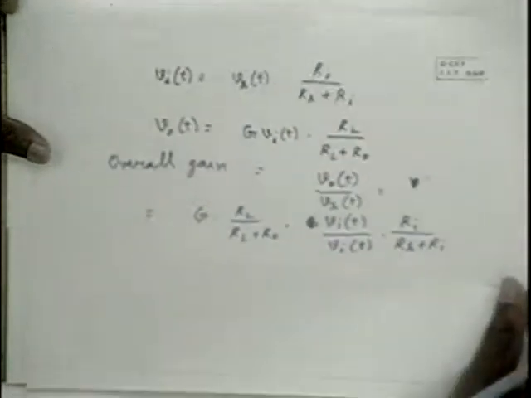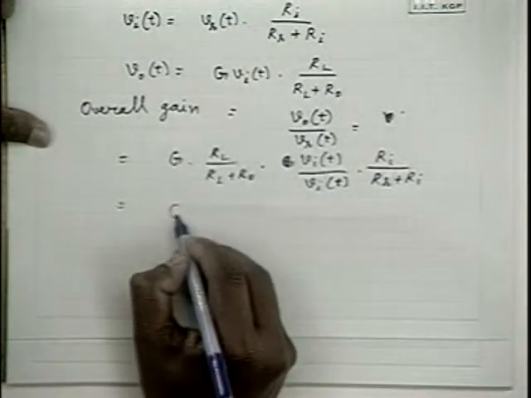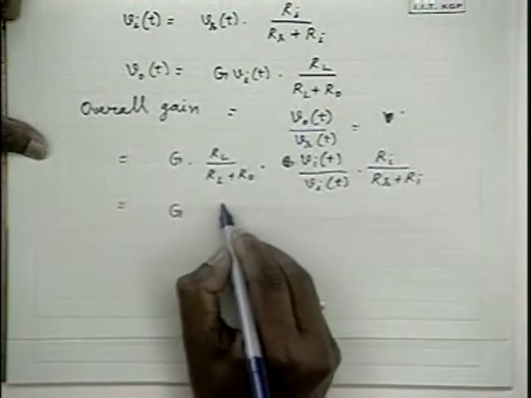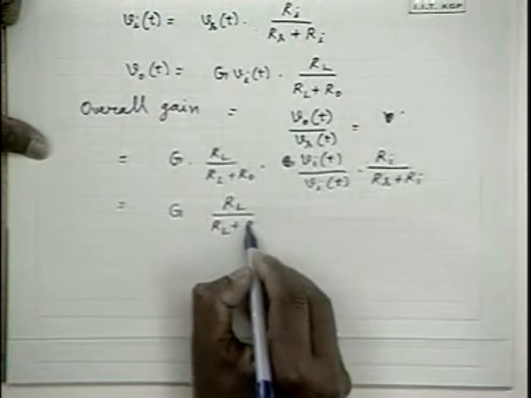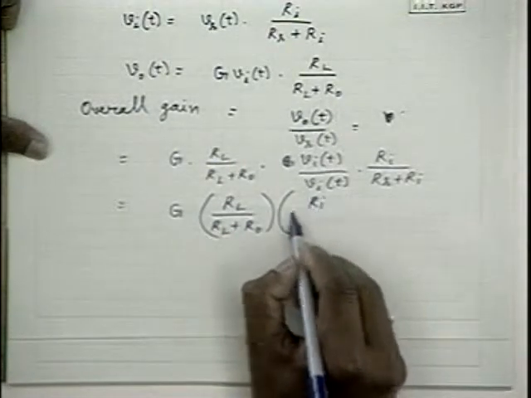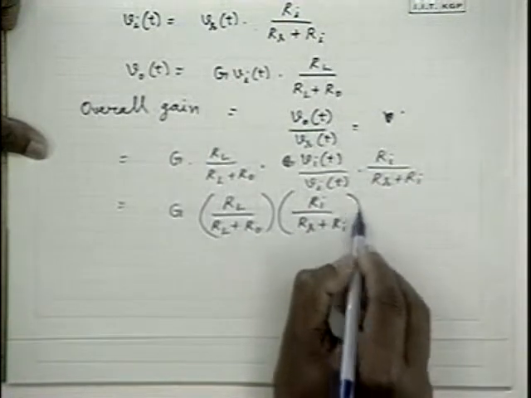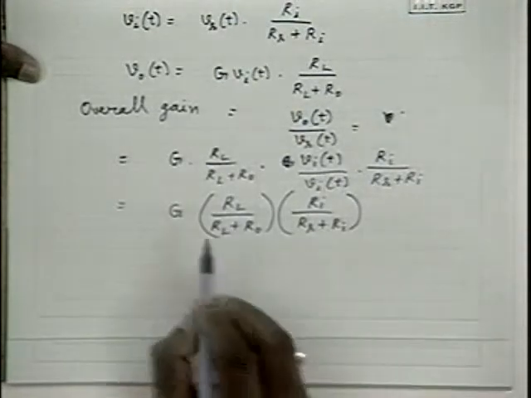Hence, the overall gain is the gain of the amplifier itself under open circuit output multiplied by these two ratios.